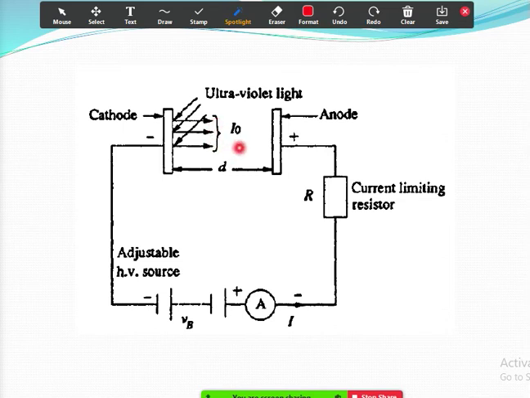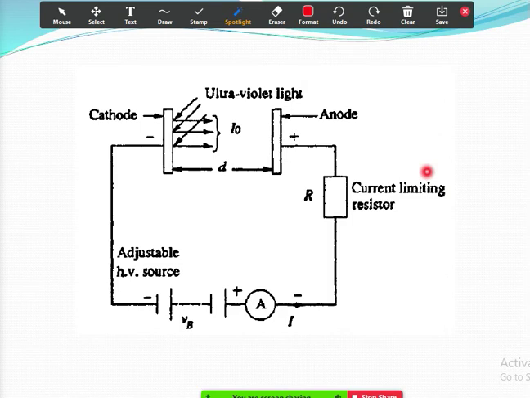If there is flow of charge carriers, obviously current will flow in the circuit. If it develops into a spark, that spark is nothing but a short circuit between the cathode and anode. That will cause high current to circulate in the circuit, so to limit that high current, we are using this current limiting resistor.